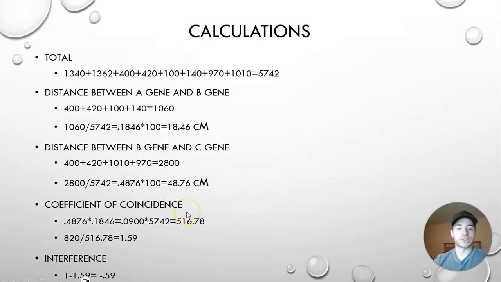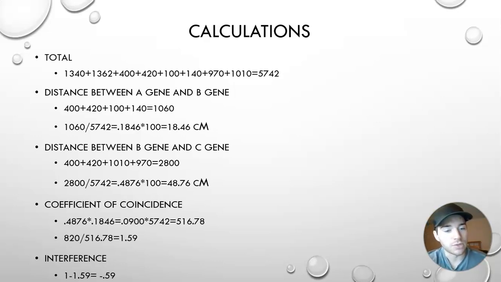Moving on to the coefficient of coincidence. The coefficient of coincidence compares the observed number of double crossovers divided by the expected number of double crossovers. So you have to first calculate the number of expected double crossovers. To get the expected number, you take the two percentages that are calculated in between the A gene and the B gene and the B gene and the C gene.